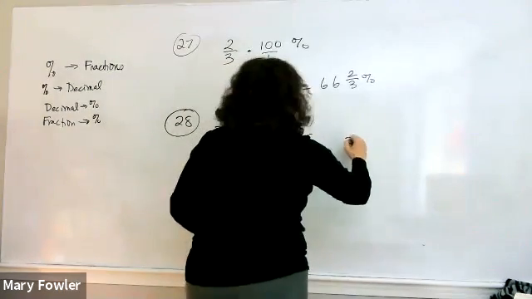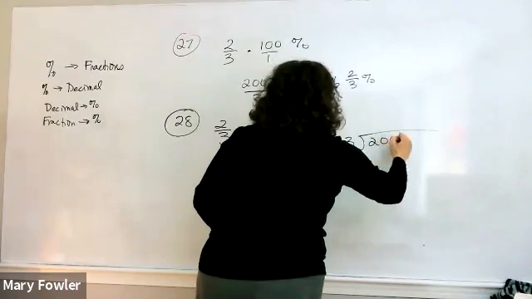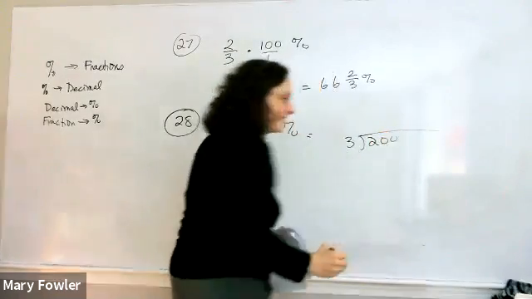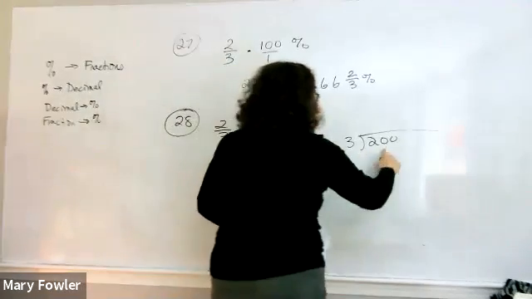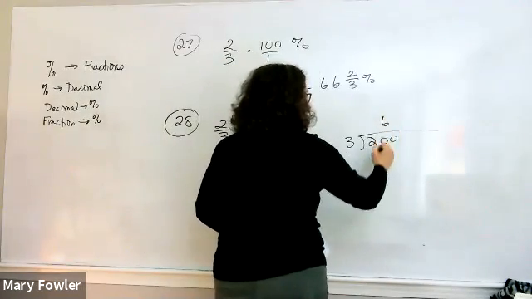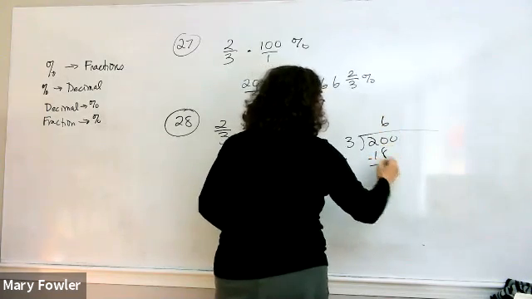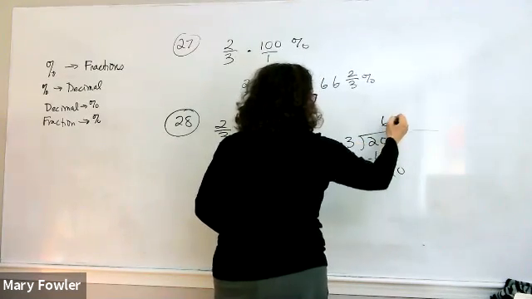Certainly I should have maybe kept that division problem. I'll just put it back up here. 3 goes into 20 6 times.